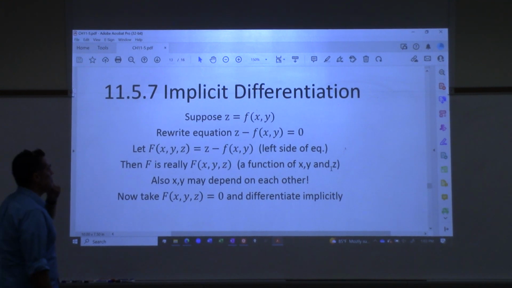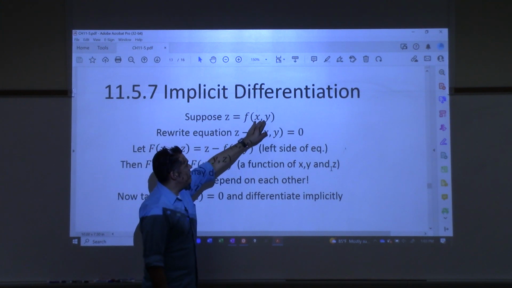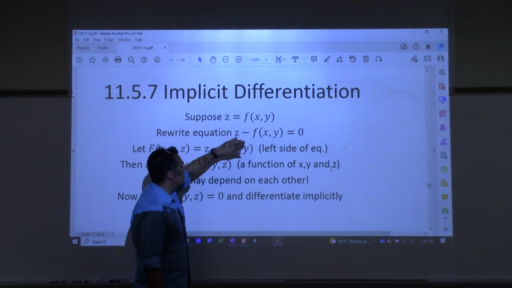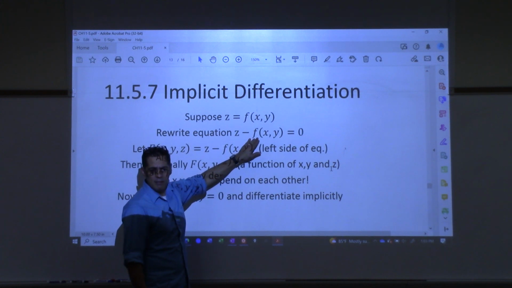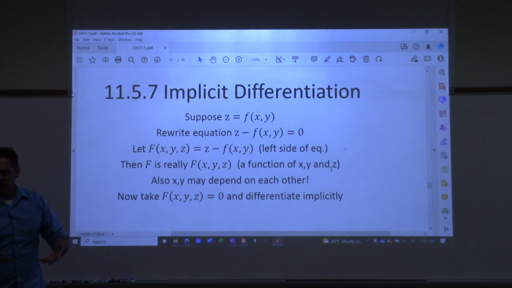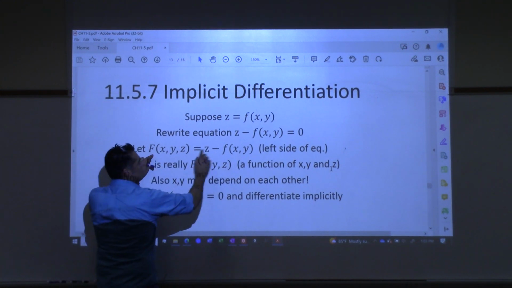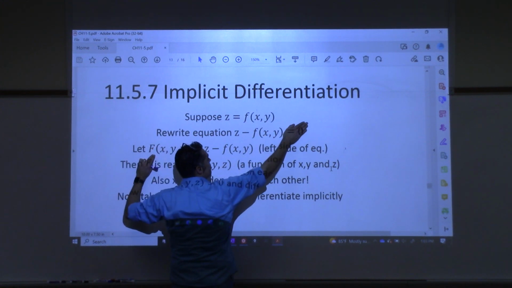What we're going to do is rewrite the equation where we subtract the right side of the equation on both sides and get this equation, right? That's algebra. And then we're going to define a new function. This function that we're going to define is capital F. And it's going to be the left side of this equation. So forget the equals 0.